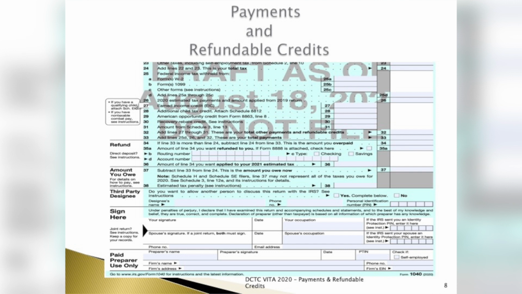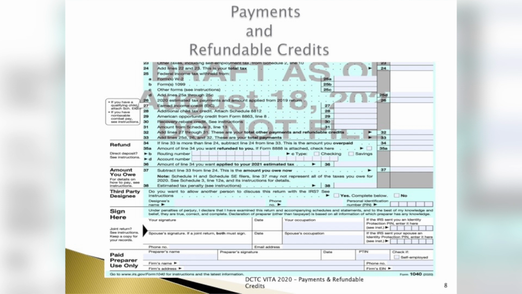Line 33 represents the totals from lines 25, which were the federal income tax withheld amounts, and line 26, which was the estimated tax payment and the previous year's tax refund applied. Yay! We've now accounted for all of the refundable credits and other payments amount.